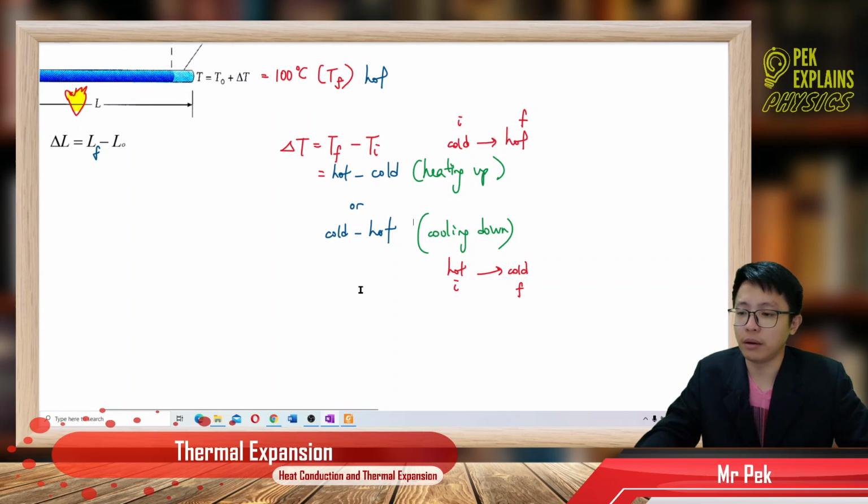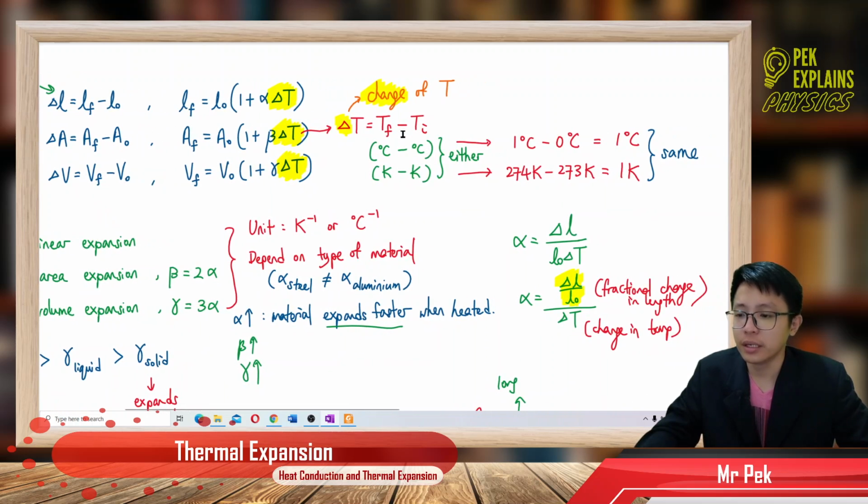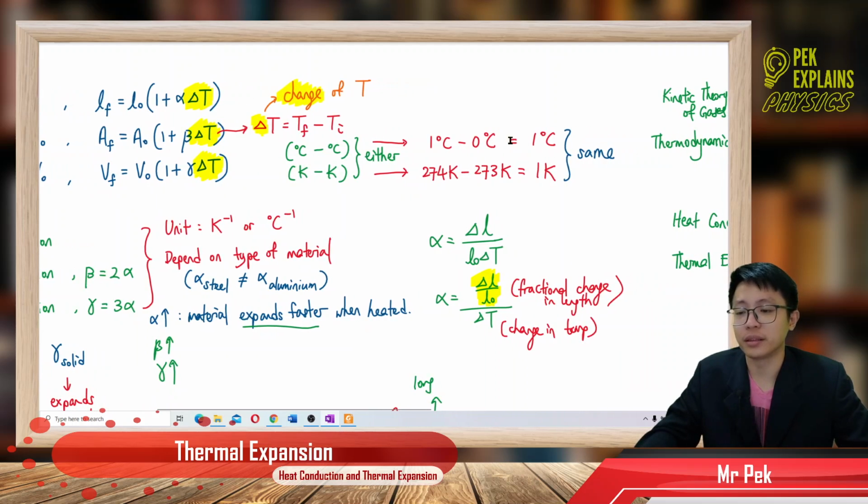Now, I want to talk about the unit for change in temperature. This is the same as the heat conduction, as I explained before. No matter if you use degrees Celsius or Kelvin, for example, you heat it up from 0 to 1. 0 is actually 273 Kelvin, and 1 is 274 Kelvin.